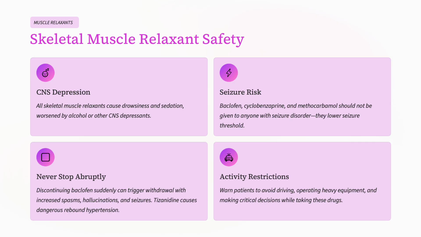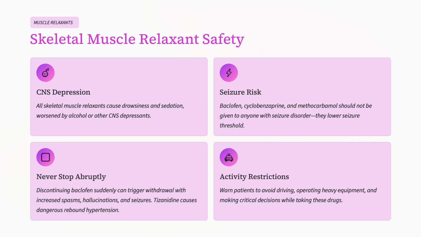And also, we don't ever want to stop these abruptly, especially baclofen. If someone is taking this regularly and they just stop it, they can have withdrawal symptoms that can cause spasms, hallucinations, or even seizures. And tizanidine can cause really bad high blood pressure if they stop taking it quickly.